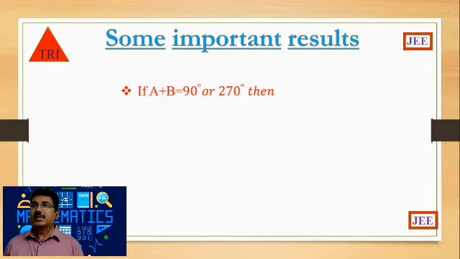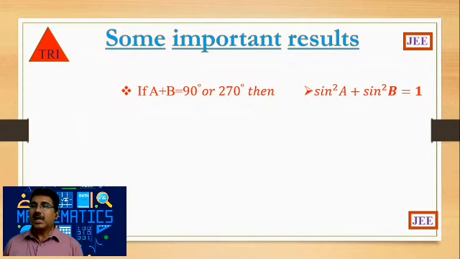Generally, sin square A plus cos square A is equal to 1. But sin square A plus sin square B is equal to 1 if A plus B is equal to 90 degrees or 270 degrees.